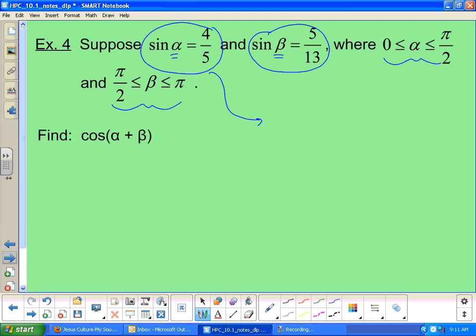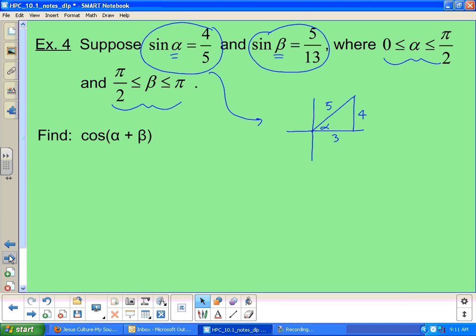So for the alpha angle, real quick sketch, there's my triangle, there's my angle alpha with an opposite side of 4 and a hypotenuse of 5. By the Pythagorean theorem, we know that this length for the x is going to have to be 3. 5 squared minus 4 squared equals 3 squared. Let's do the same thing for our beta.